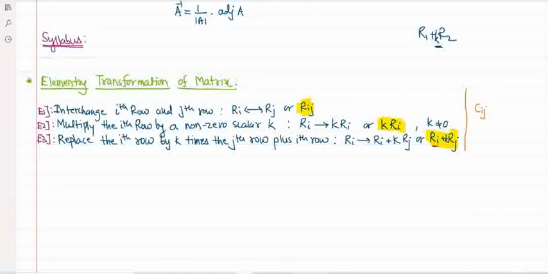You can multiply any column by a non-zero scalar where k is not equal to 0. And next, Ci plus k times Cj. As per your requirement, you can further define or consider elementary transformations. Is there any doubt related to this?